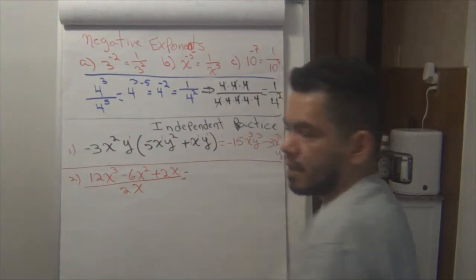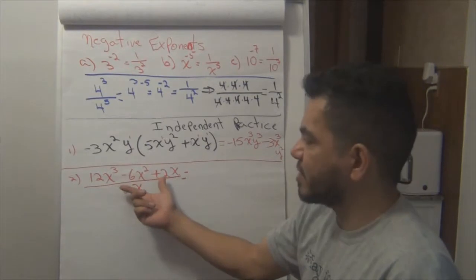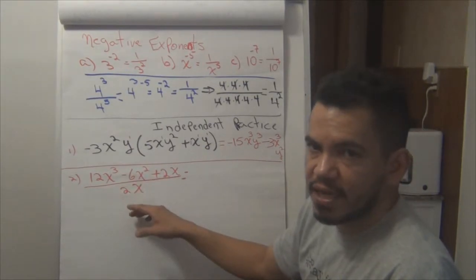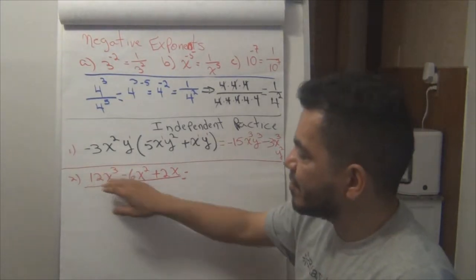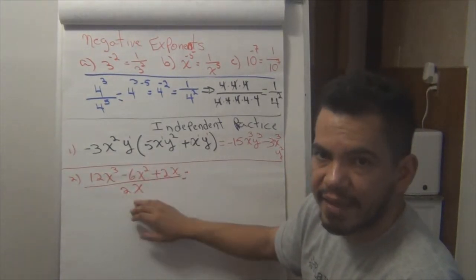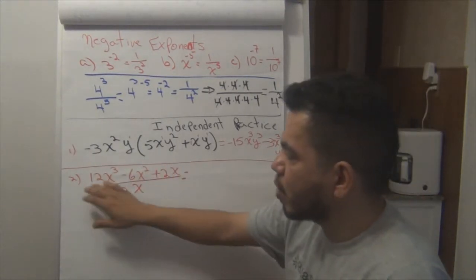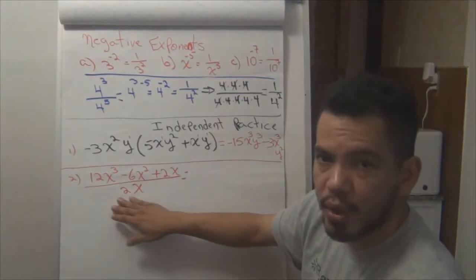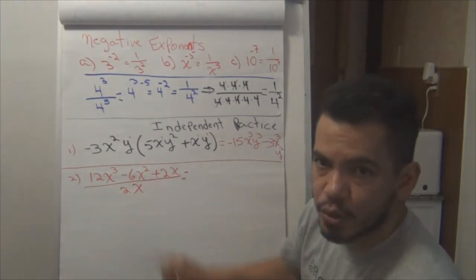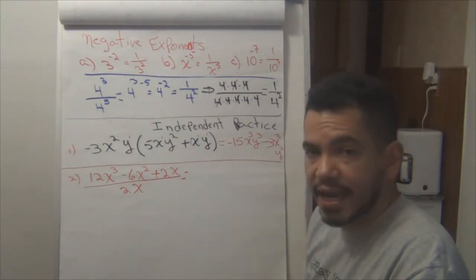Okay, listen to me. When you have an expression that has addition and subtraction and you're dividing by a single number or 2x, everything gets divided by that number. In other words, you could rewrite this as 12x to the third divided by 2x minus 6x squared divided by 2x plus 2x divided by 2x. Okay? So let's think about it like that.